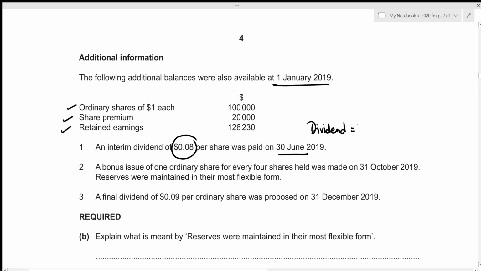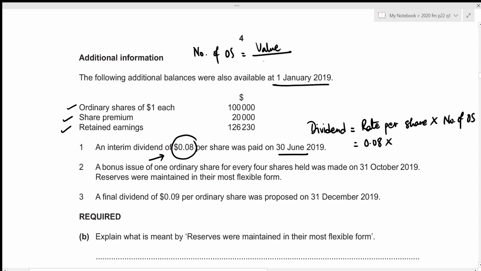It is just going to be the rate per share times the number of ordinary shares. And we're given the rate per share to be 0.08. And the formula for number of ordinary shares is just its value divided by the nominal rate.